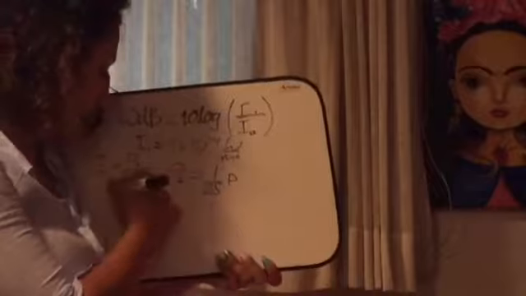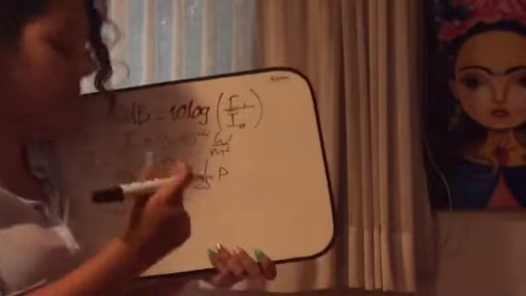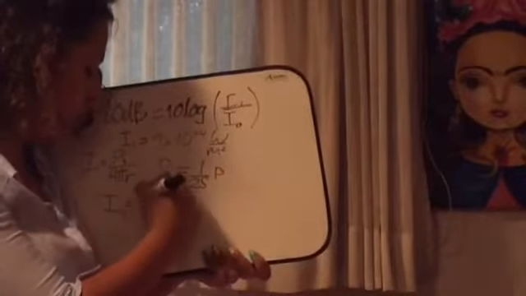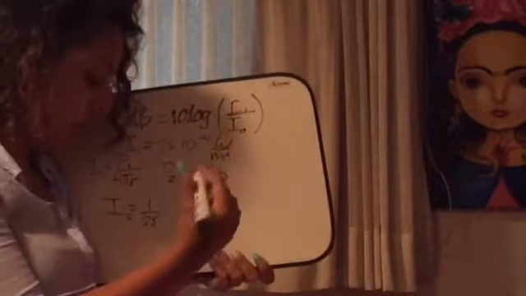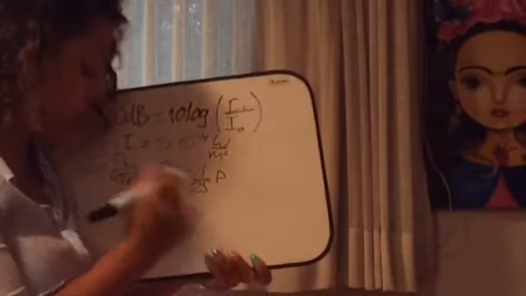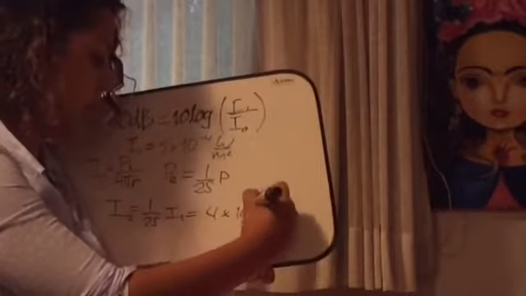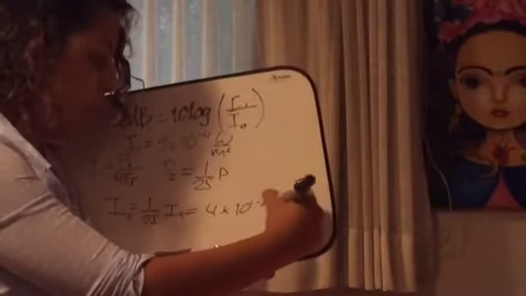So the second intensity, as it is a direct relationship, should be equal to 1/25 of the first intensity, because this doesn't change, the radius won't change. So this should be equal to 4 times 10 to the minus 6 watts per meter squared.